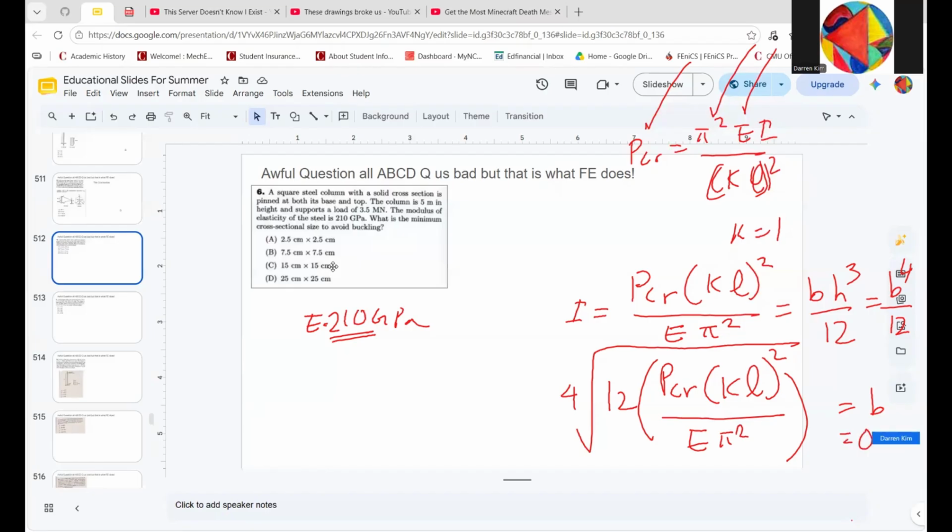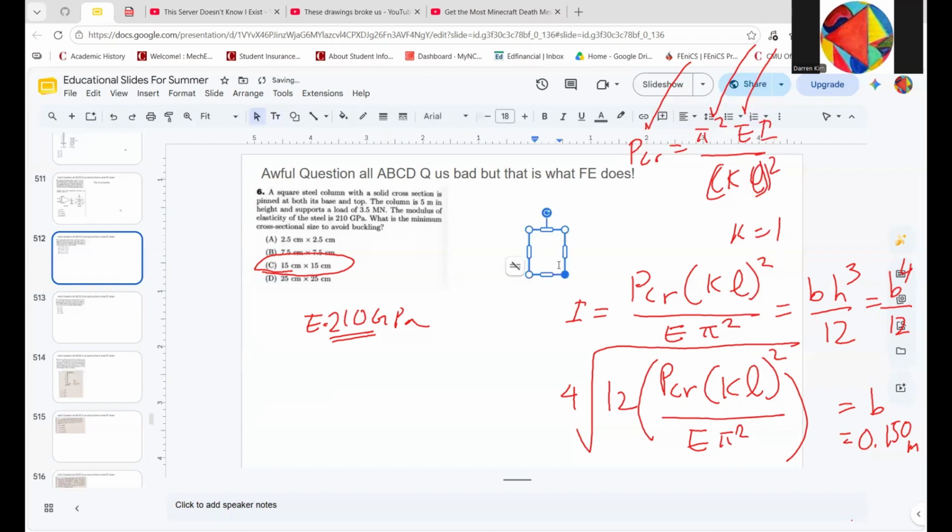So I get 0.150 meters. Remember it's cm, so you multiply by 100. So it's C. The answer to this question is C. And yeah, let's get the answer in here and move on to the next section.